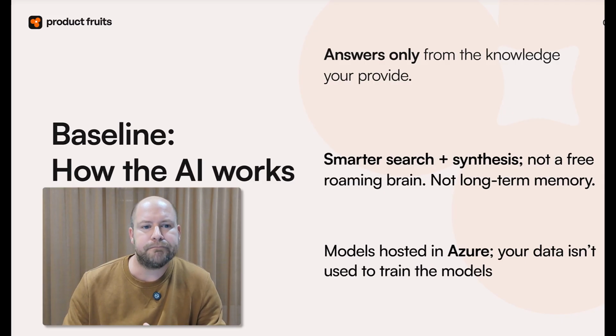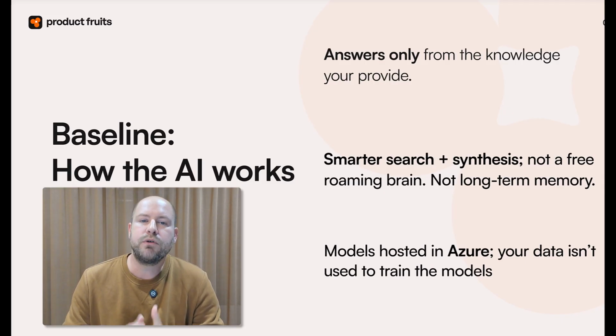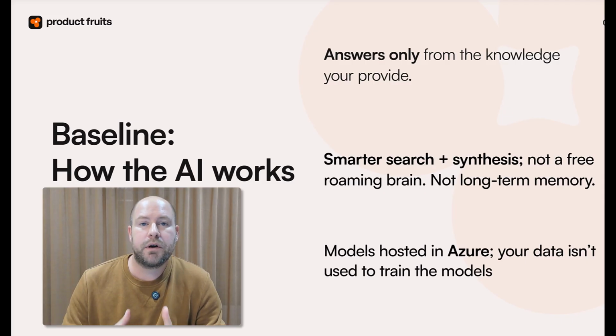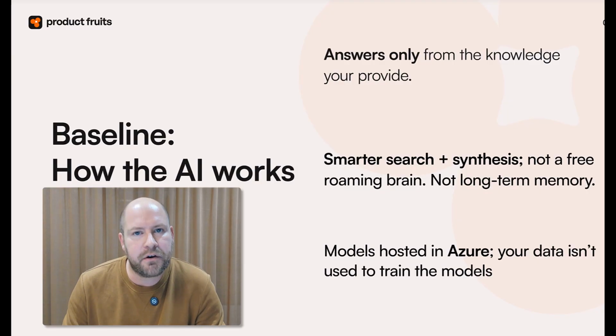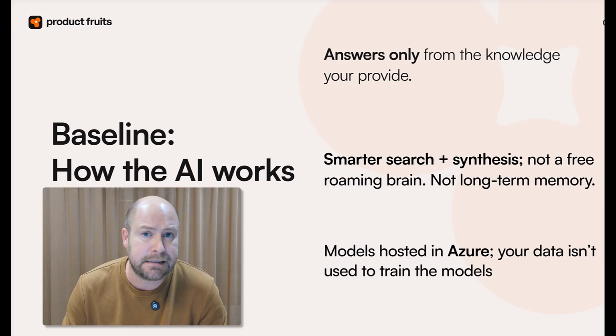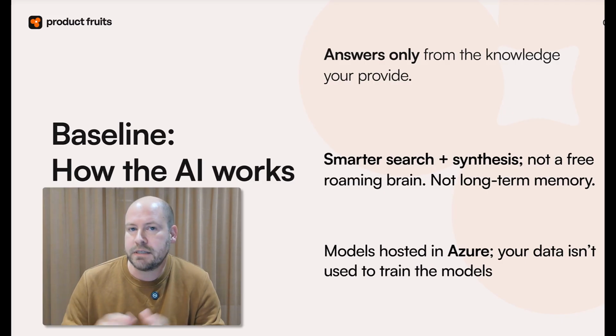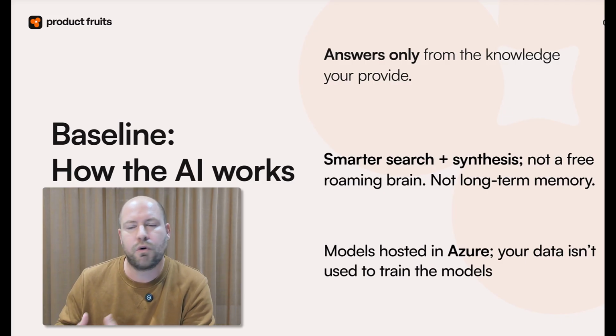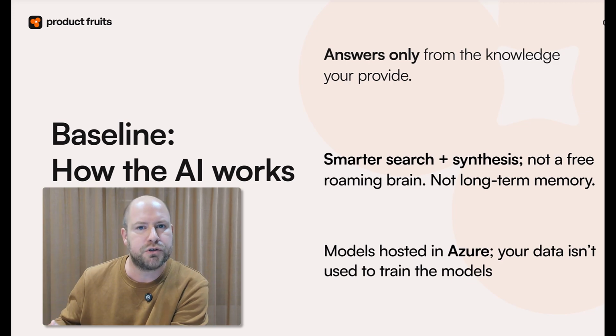So let's move on to the baseline: how the AI works, and how Elvin and the product works overall. First, it answers only from the knowledge you provide. It doesn't search the internet, and it doesn't search random pages it thinks might make sense. This is not GPT, or Claude, or Anthropic, or those consumer products.